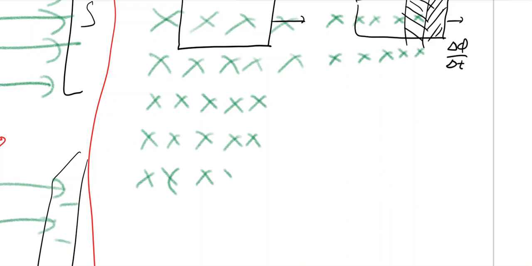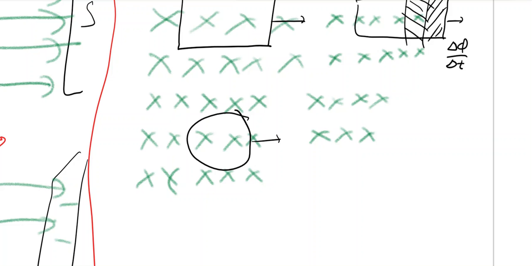But if I consider the circle, what happens in case of the circular loop? Initially, we assume that the loop is inside. Okay, let this be the initial situation. After some time, part of this circle will go out, and correspondingly there is some change in flux.